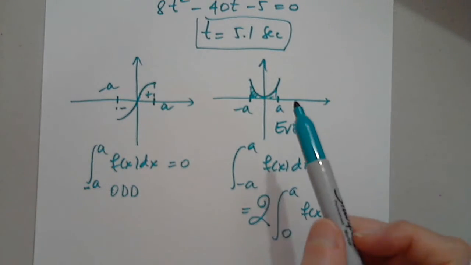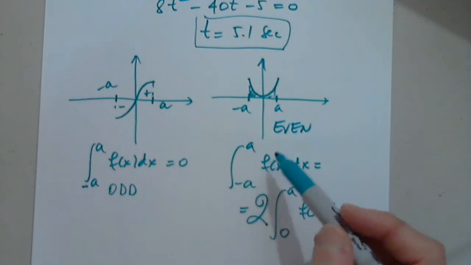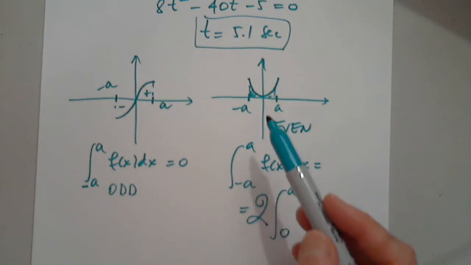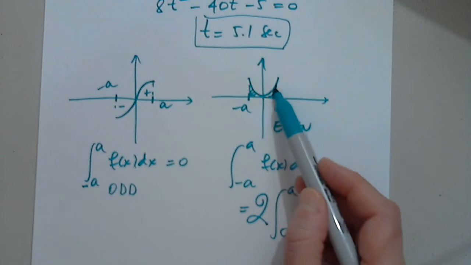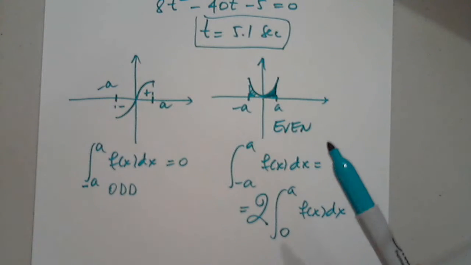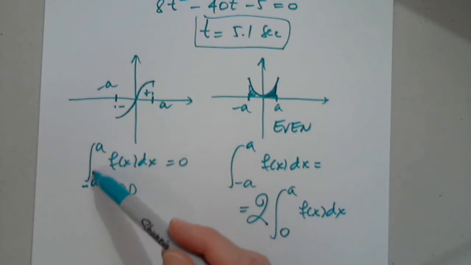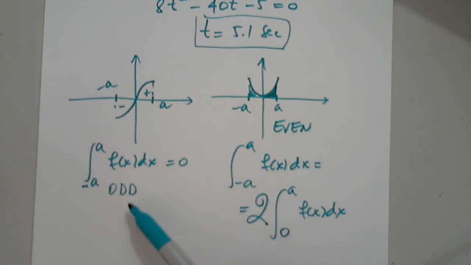Knowing that the interval is symmetric and the function is even, this is basically twice this area, so it's much easier to calculate. But only if the interval is symmetric and the function is one or the other. If the interval is symmetric but the function is not odd and not even, I cannot use any of these concepts.